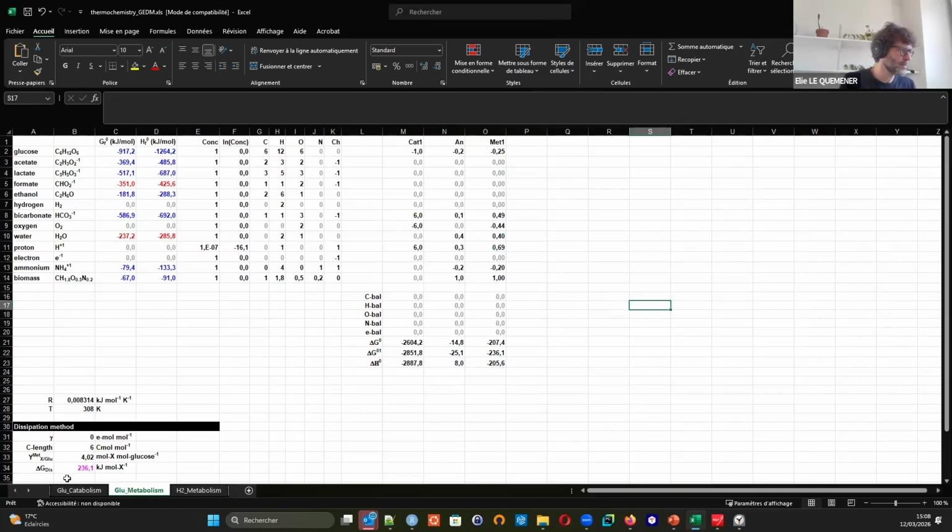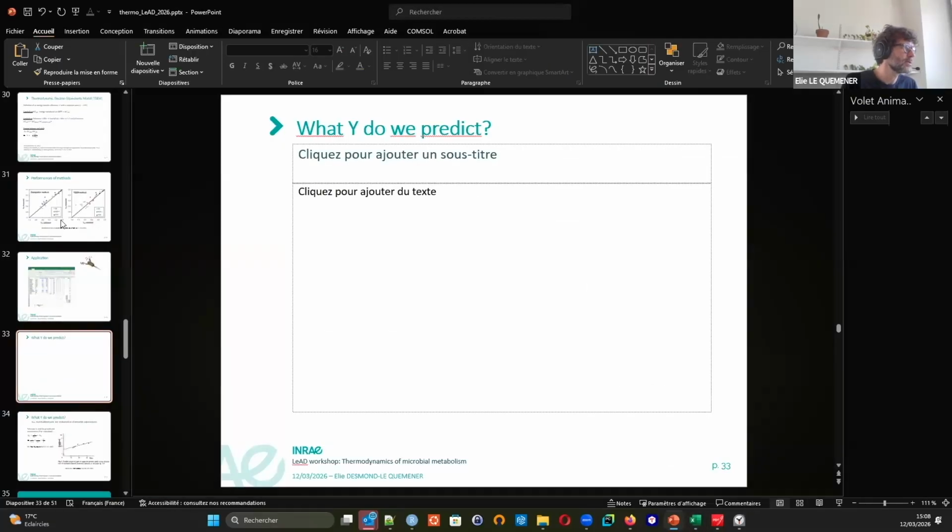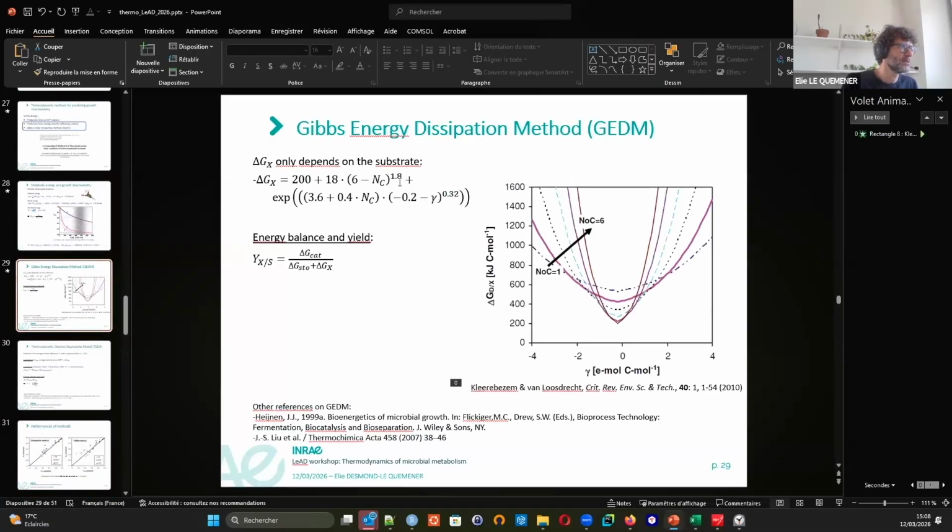Here you have some calculation at the bottom with the dissipation method. This is what I showed in the presentation, this equation. If you remember, you have the energy as a function of the number of carbon and degree of reduction.